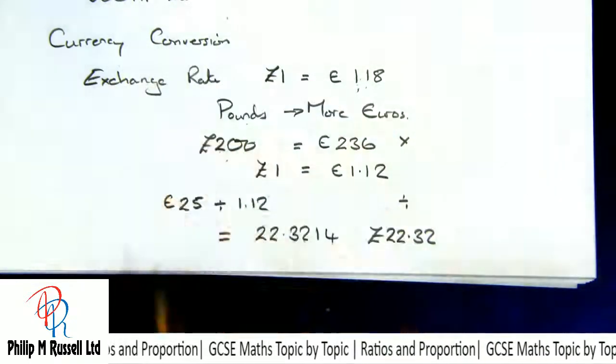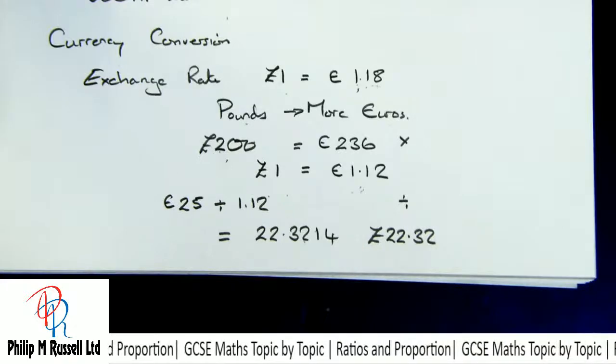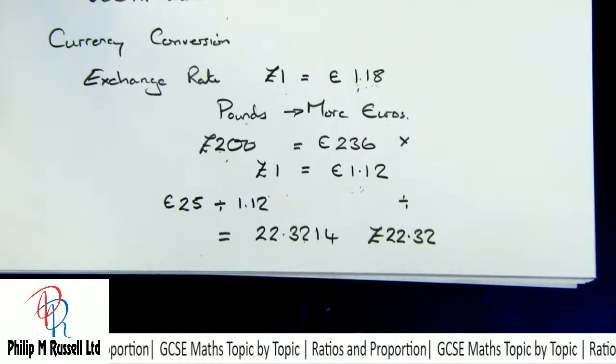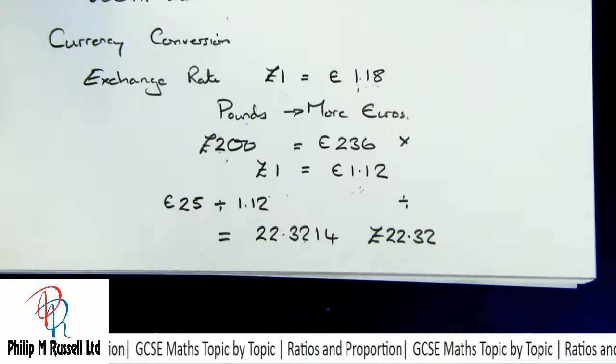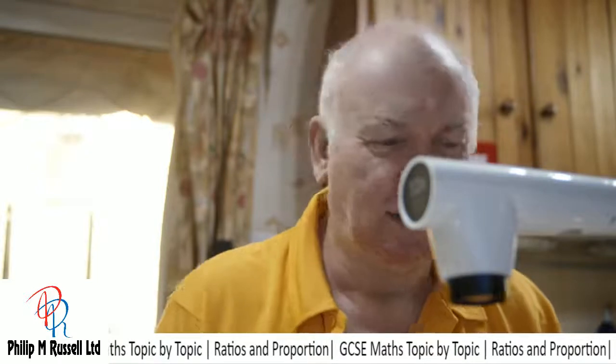So we've converted currency moving one way and moving the other. Direct proportion is quite an interesting one to try and do, and there are simple problems with this and more complicated ones. Let's start with something that's really quite simple.